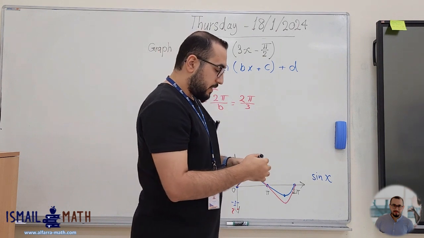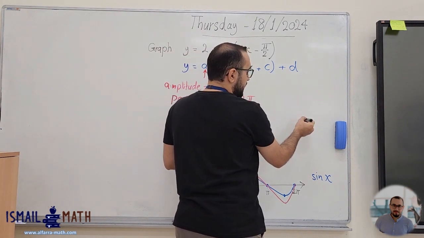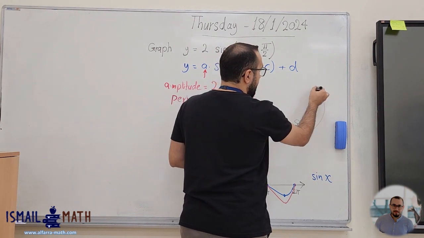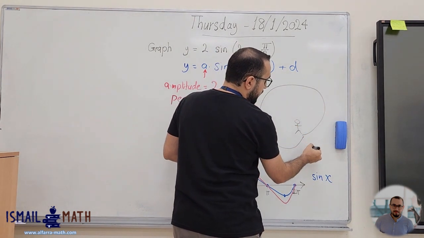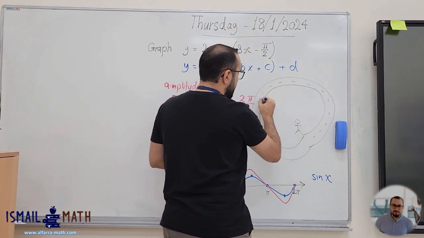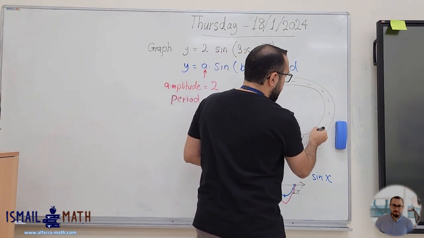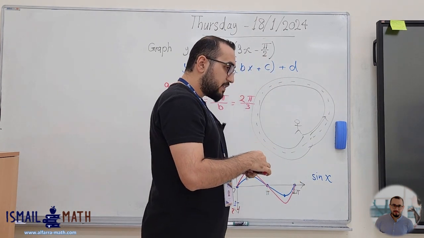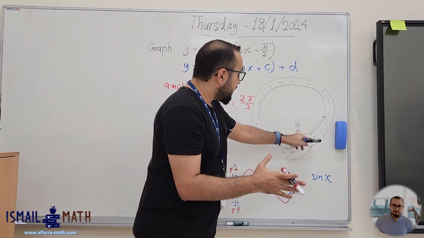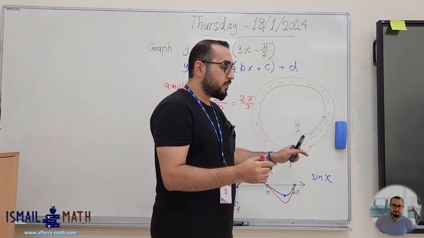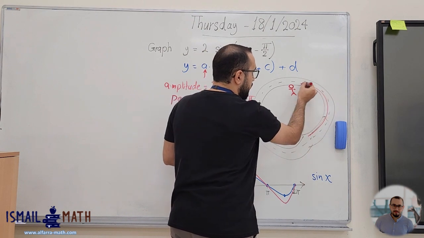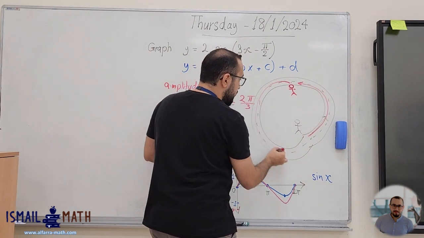Period means, let me give you a small example. Let's say you are in a race, and this is the road that you need to race on. The period is the amount from the starting point to the ending point. Let's say there is a second runner, so you go and touch him, and he continues.